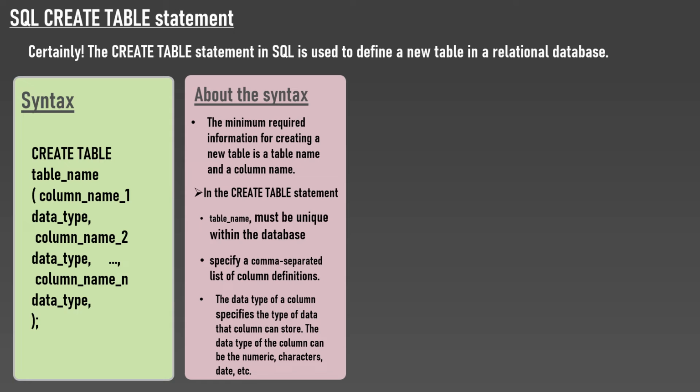In the create table statement, the table name must be unique, the column names are specified as a comma-separated list, and for each column you have to specify the data type, the type of data the column can store. The type of data can be numeric, characters, dates, etc.